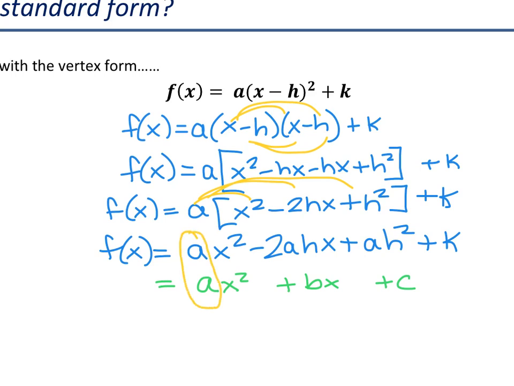No matter what form you take, that stretch factor out front in the vertex form is the same leading coefficient, we call it, in the standard form. And b is equal to negative 2ah. So that's the coefficient in front of that x term. And c is going to equal a times h squared plus k.